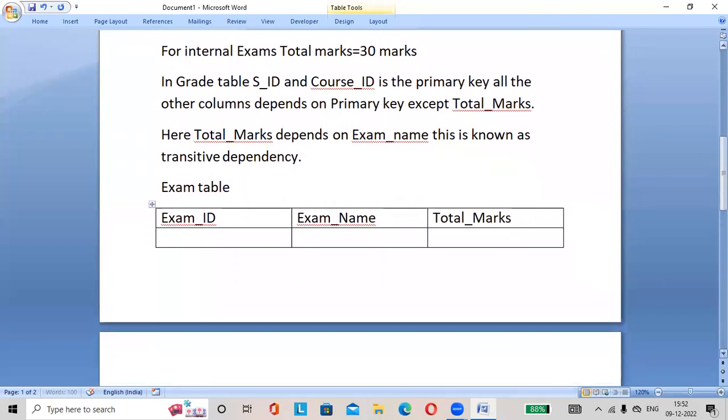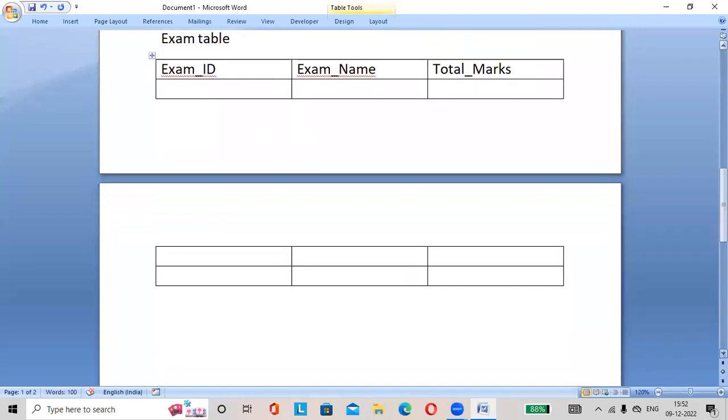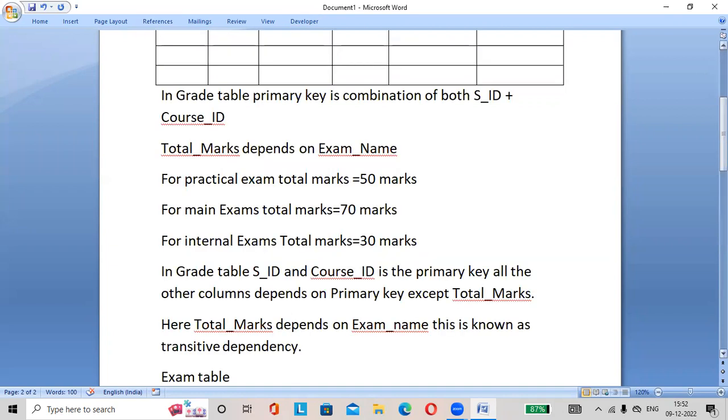In this table, we'll store the exam details and total marks. Here there is an attribute in a table which depends on some non-prime attribute, but not on the prime attribute. Yes or no? How to solve this? By creating a new table by the name exam table.